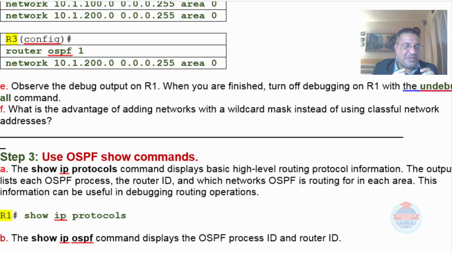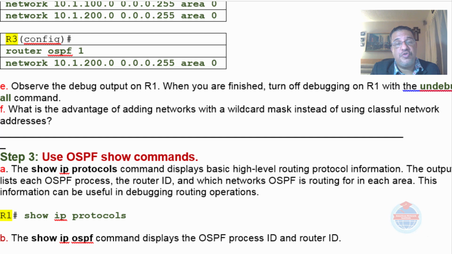A major network with different interfaces can be involved with different areas. So the wildcard mask will be assigned to each one of the interfaces for each one of the areas. That's the importance of having a wildcard mask on the router for each one of the areas, guys.